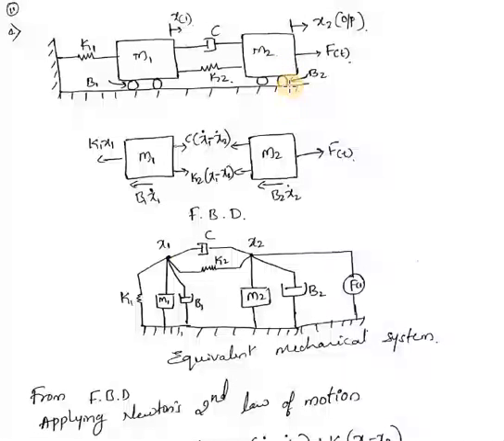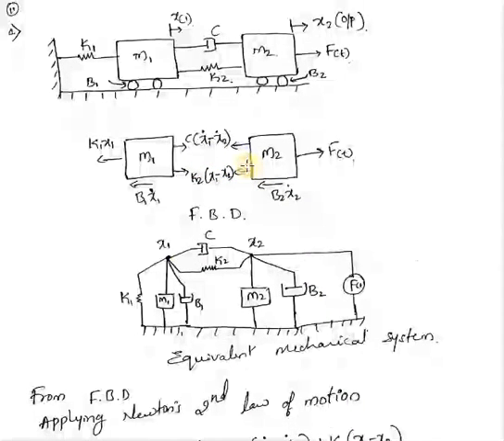Now, to draw the free body diagram, draw two masses M1 and M2. Start from the mass on which the input is acting, either force or displacement. So here on M2, f of t is acting, in this direction. When M2 is trying to move in this direction, C and K2 will try to resist that motion, so you have to draw their direction in the opposite way.